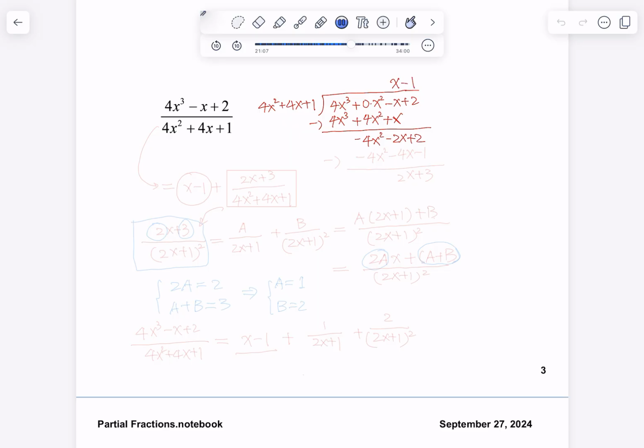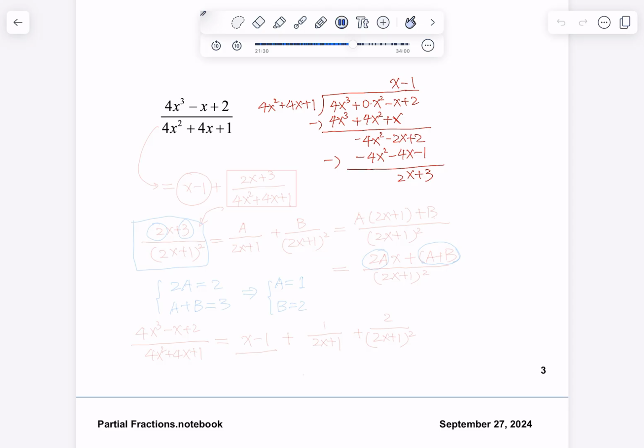Next, I will put minus 1 here. We get minus 4x squared minus 4x minus 1. Subtract again. You would have 2x plus 3.